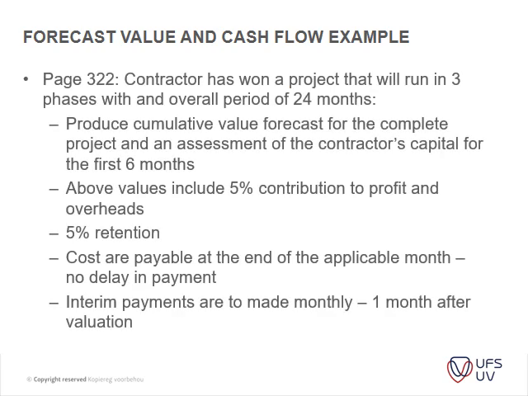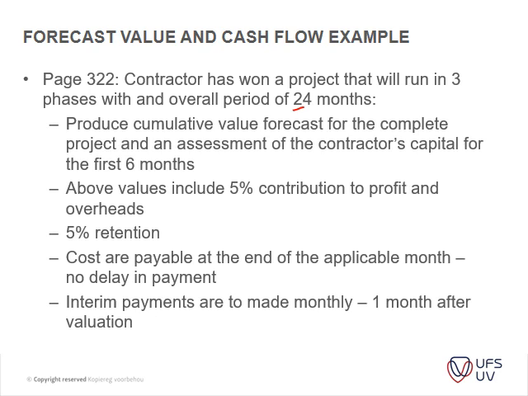Okay, then forecast value and cash flow examples. On page 322, you will see an example. A contractor has won a project that will run in 3 phases with an overall period of 24 months.